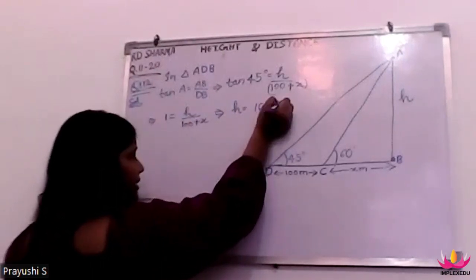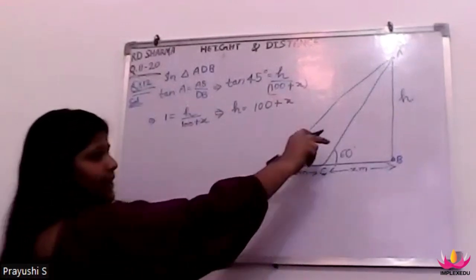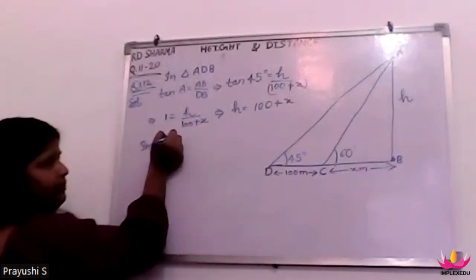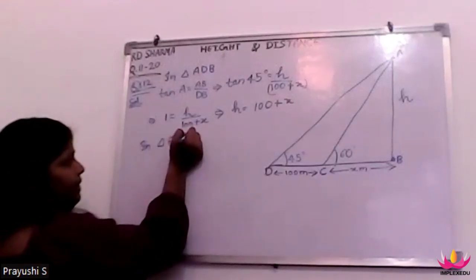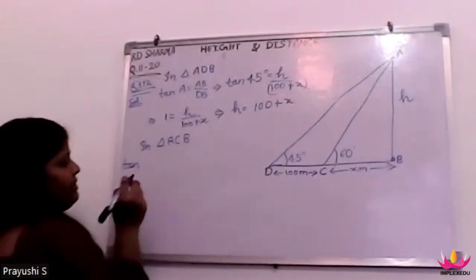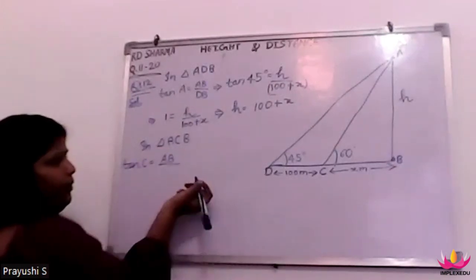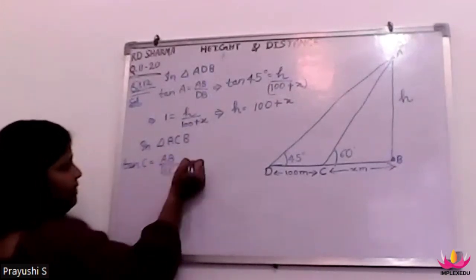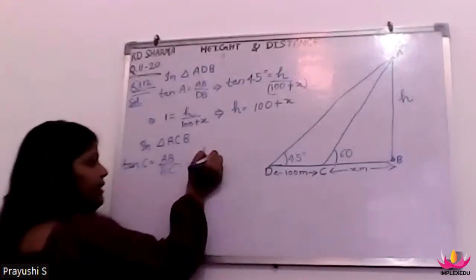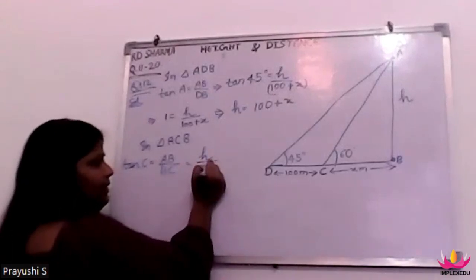And then h will be equal to 100 plus x. Done. Now what we will do is we will take the second triangle, that is in triangle ACB. Okay, so here tan C will be equal to AB upon BC, and we know that the value of AB is equal to h and the value of BC is equal to x. Correct?